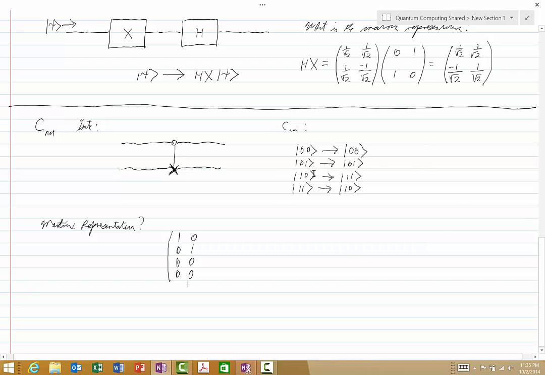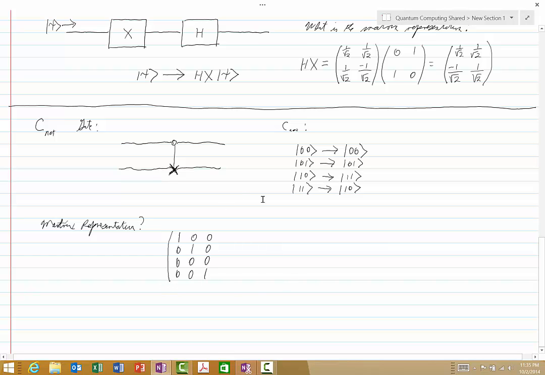Now the 1 0 ket corresponds to the vector 0 0 1 0, which has a 1 in the third entry, so we're going to be looking here at the third column, that goes to 1 1. And the vector corresponding to that is 0 0 0 1. So we must put 0 0 0 1 here.